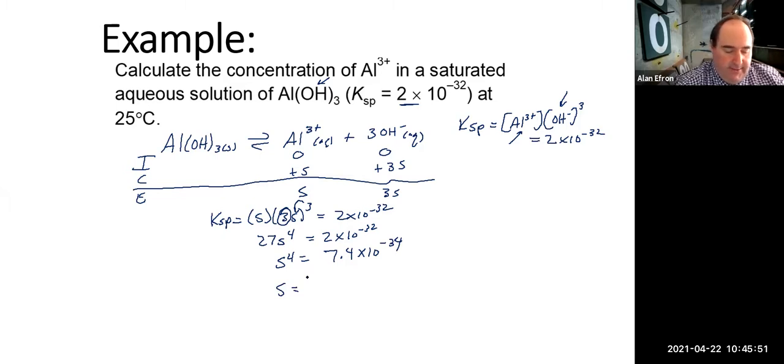So that's going to be something like, and I'll put in scientific notation so none of us count zeros, an S value of 5.2 times 10 to the minus 9. If you didn't put in scientific notation, you might have a bunch of zeros and a 5 at the end of your calculator, which works.